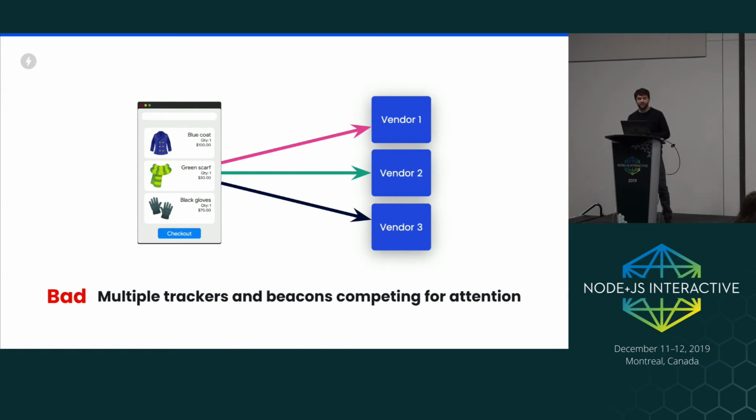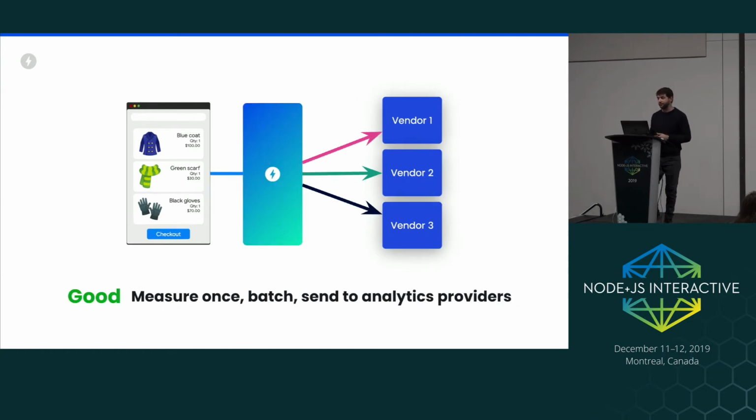So AMP changes this slightly because there's an intermediary layer. AMP Analytics measures once for all vendors and then distributes those responses to the vendors using the most efficient form that it can to each vendor. So for instance, it prefers Beacon over using XML HTTP request. And in order to use one of these vendors with AMP, there's a collaboration that happens between people on the AMP project and the vendors.